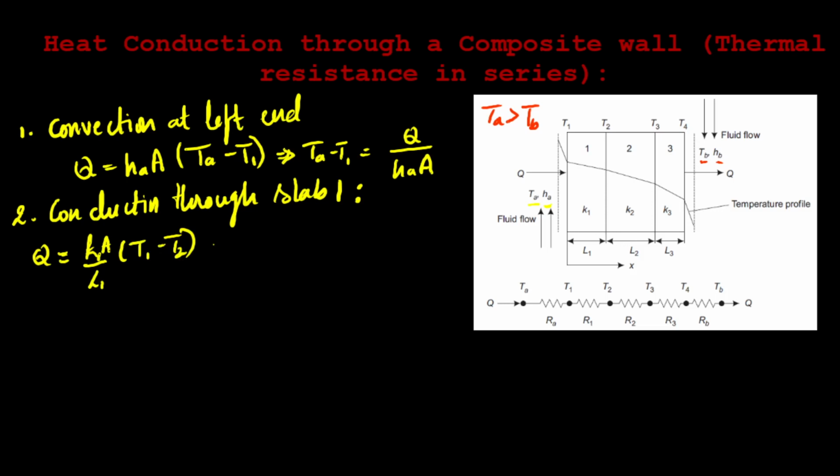This is the equation which we derived in the previous session. So K1A divided by L1 into T1 minus T2 gives us the conduction through this slab. Here also I need the temperature difference, so I can write T1 minus T2 will be equal to Q into L1 divided by K1A.